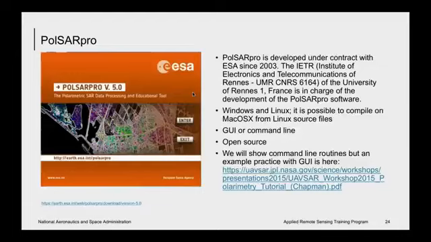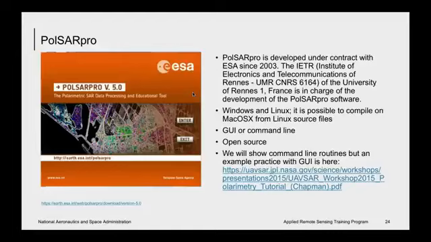The software used to do a polarimetric decomposition of UAVSAR data is called PolSARpro. PolSARpro was developed by the Institute of Electronics and Telecommunications of Rennes, and they are now in charge of supporting this package.